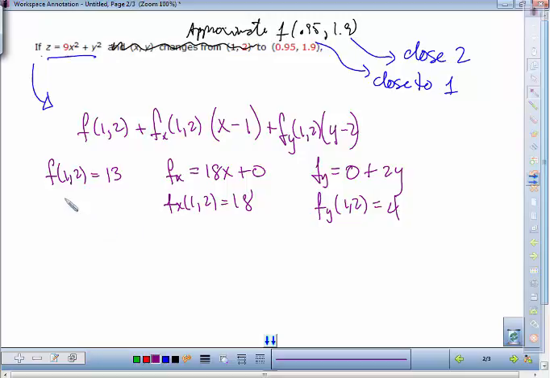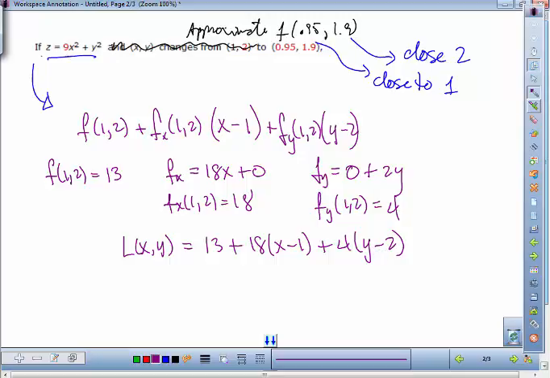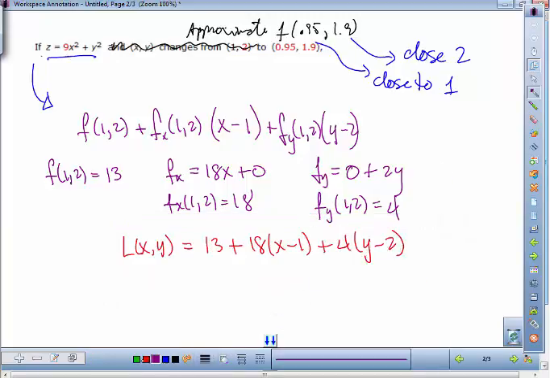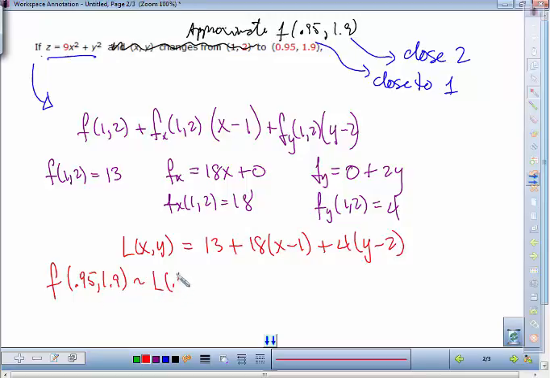Our linear approximation then is equal to 13 plus 18 times x minus 1 plus 4 times y minus 2. So now that we have that, our function evaluated at 0.95, 1.9 will be approximately equal to this linearization evaluated at 0.95 and 1.9.